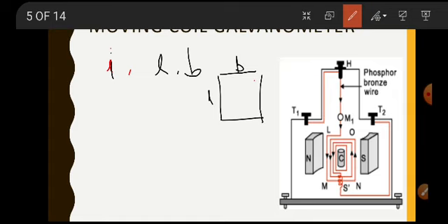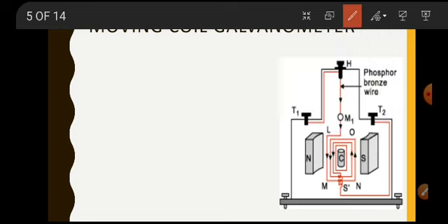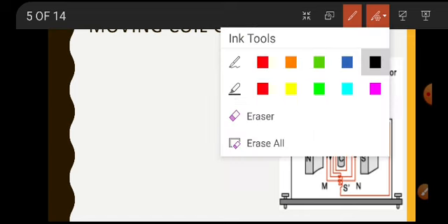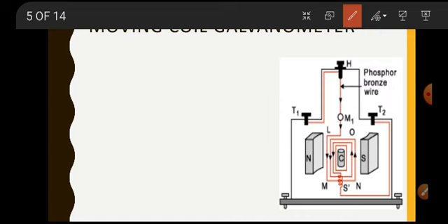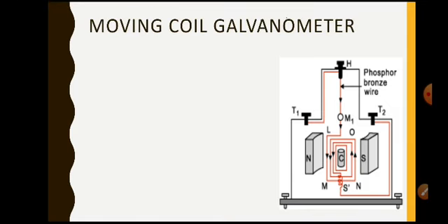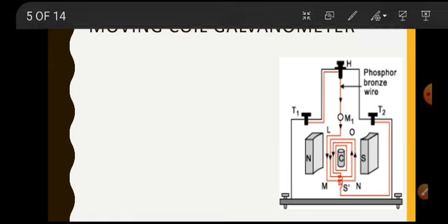Now, the area of the coil. L is the length, B is the breadth, and I is the current passing through the coil.